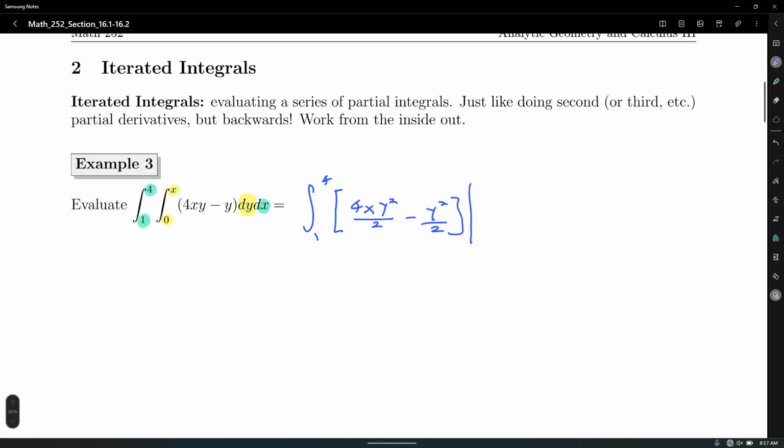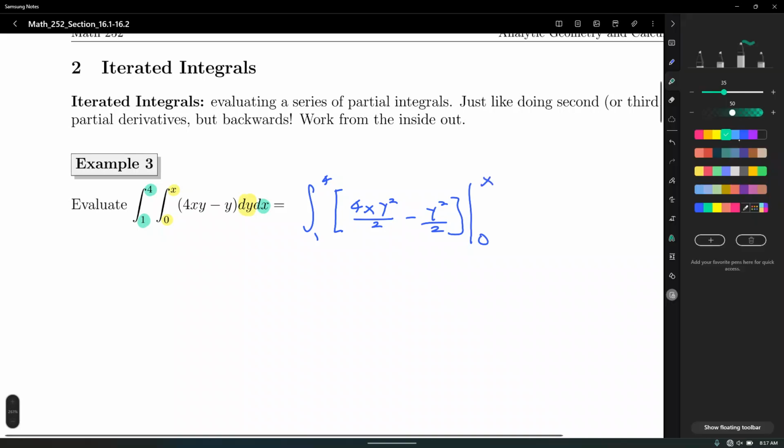And we're going to integrate this between 0 and x. And again, these limits right here, let me highlight them just to stress the fact that we will be applying those limits of integration to the variable we just integrated with respect to, that is with respect to y. So leave the x alone.